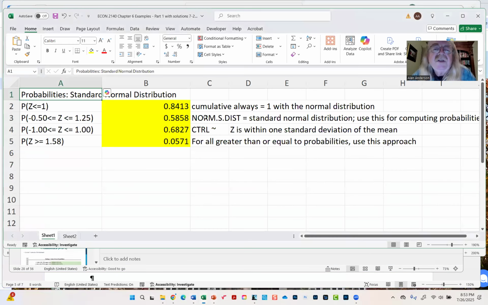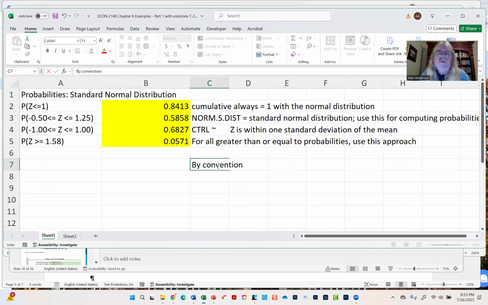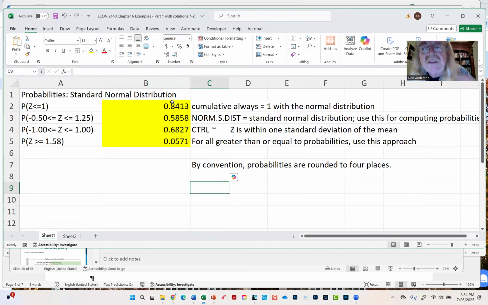Oh, another thing I want to mention here is by convention, probabilities are usually rounded to four places, unless they're extremely small. If you have a huge number of zeros, then you might use more, but normally probabilities are rounded to four places. So that's why you notice all four of these. I already set it up in advance to have four places.